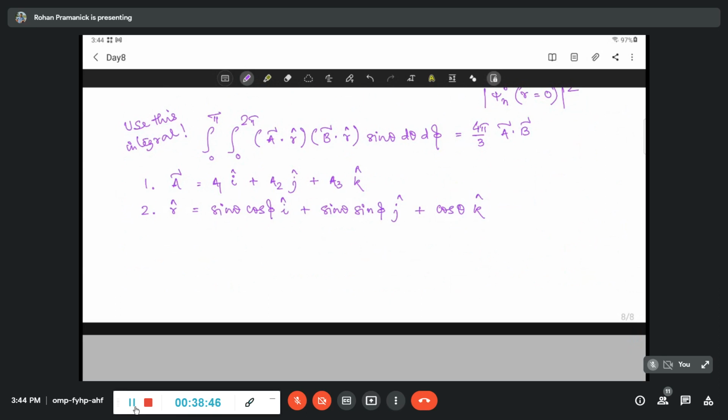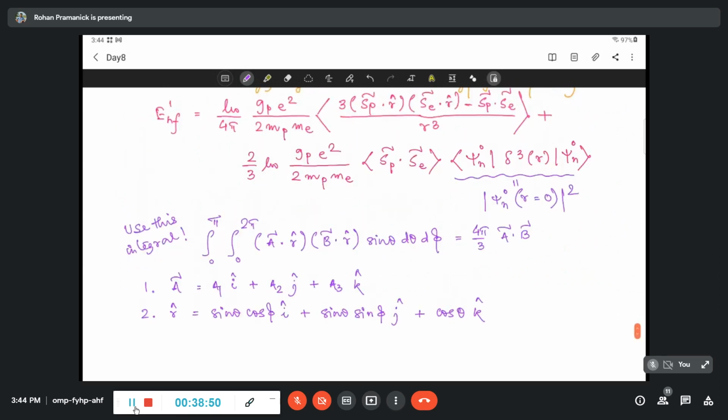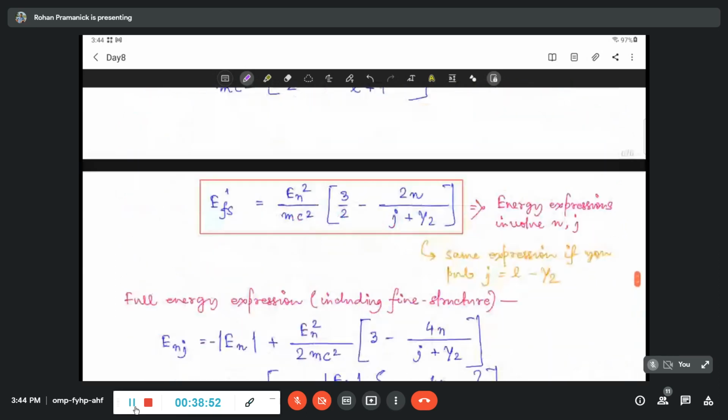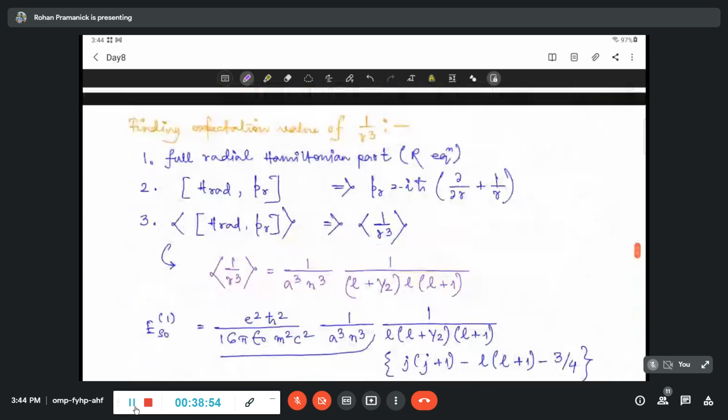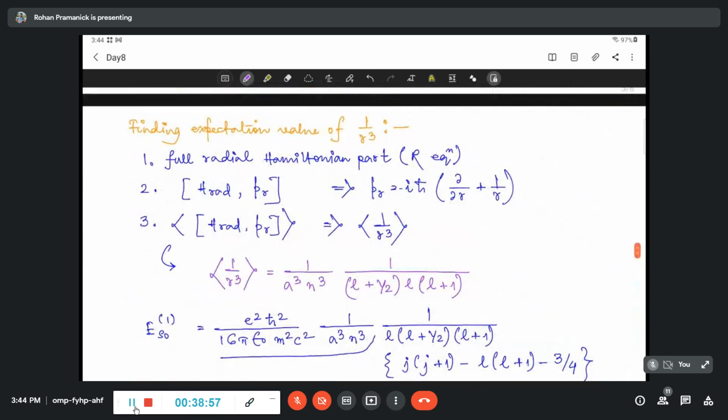So you find this 4 pi by 3 a dot b. For the 1 by r cube thing, you know the expression for the 1 by r cube expectation value I have written over here, and you find that for L equals 0, it happens that this 1 by r cube is nothing but 1 by a cube n cube times 1 by half times 0 times 1.